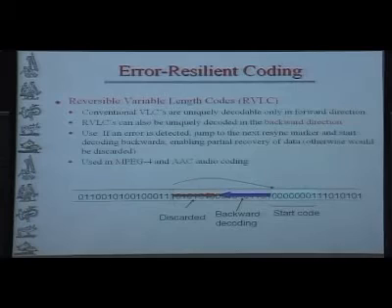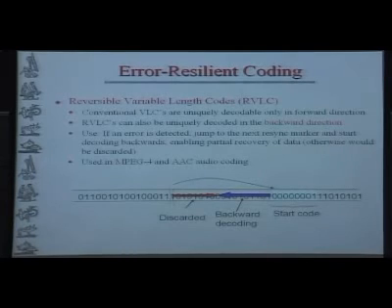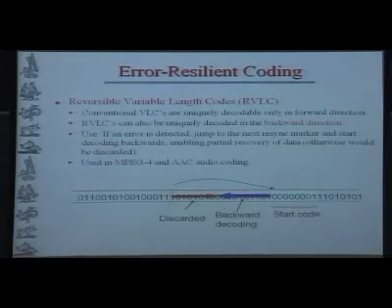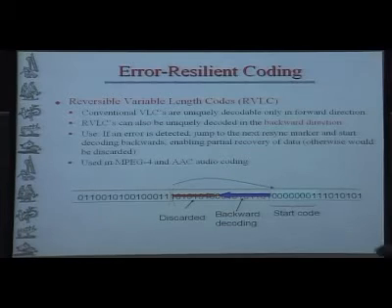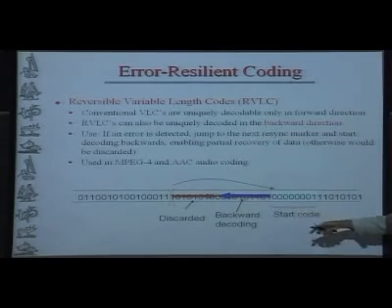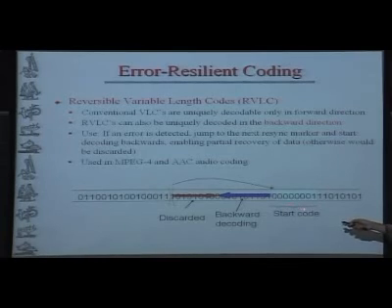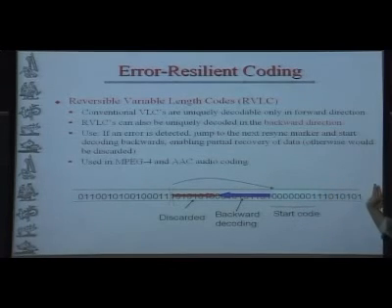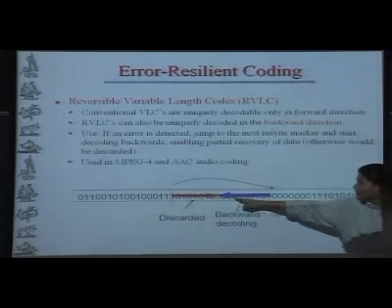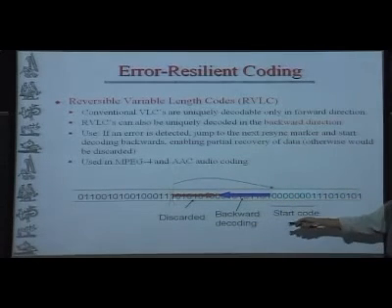An example of the combination of reversible codes and synchronization codes will be like this. There's an error here. There's a synchronization marker here. So from here on, everything will be okay.